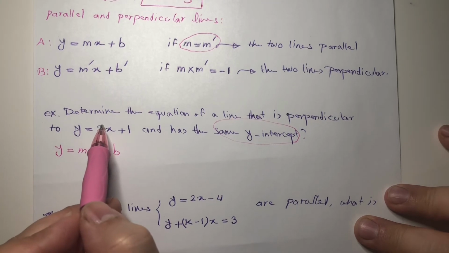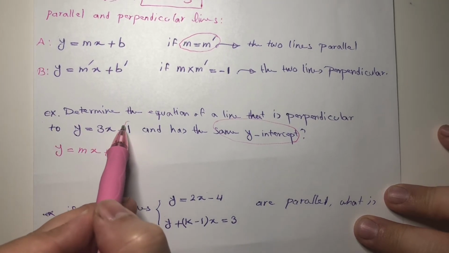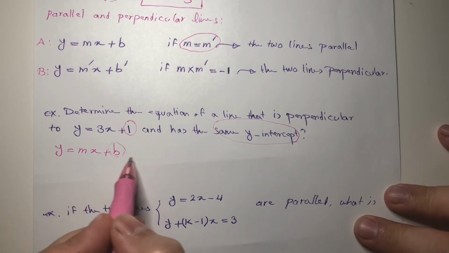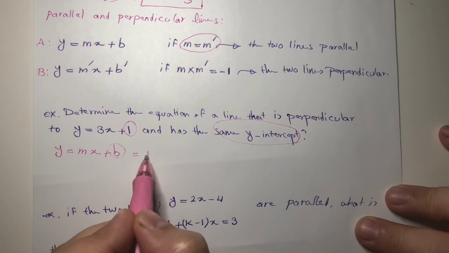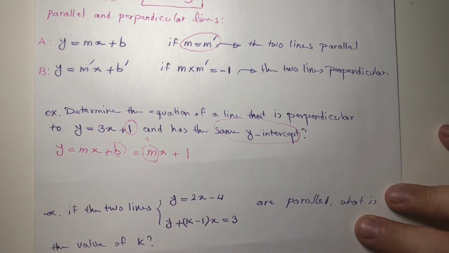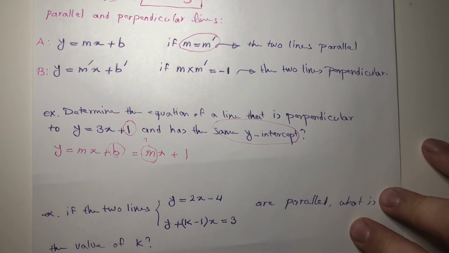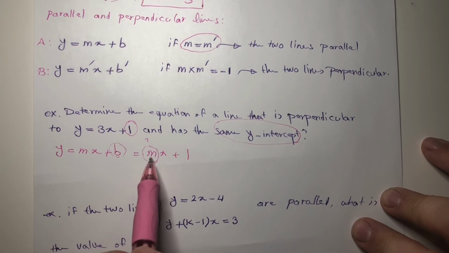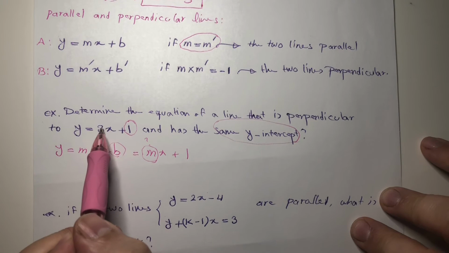What is the y-intercept of this line? The y-intercept of this line is 1, right? So here b is 1 because it should be equal to the given line, mx plus 1. Now we have to find the value of m. How do we find that?